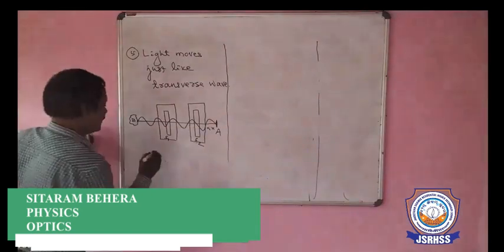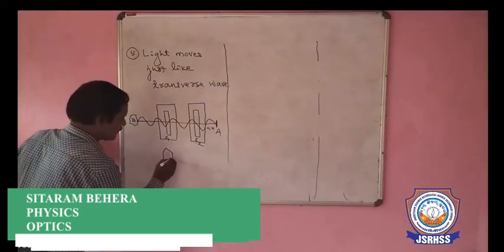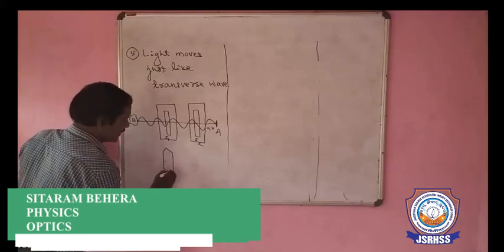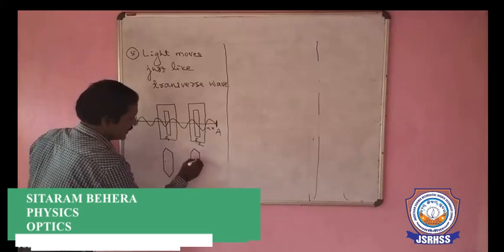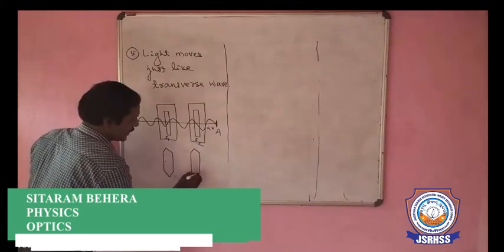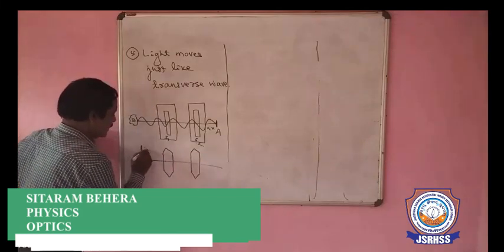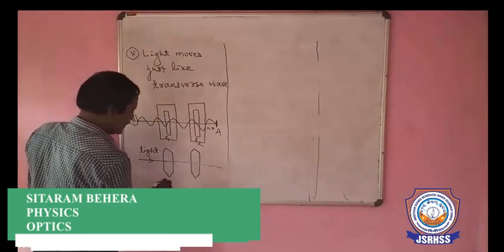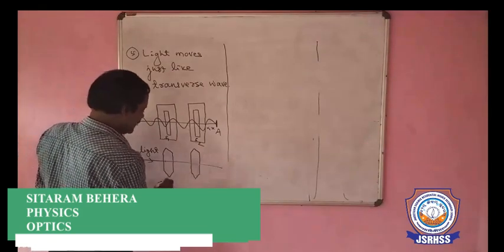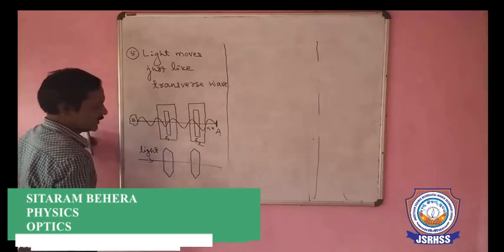Similarly, if two tourmaline crystals are placed symmetrically and light passes through them, then we will get light beyond crystal 2.